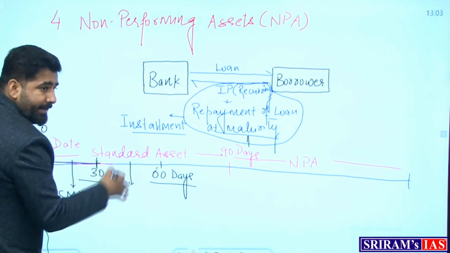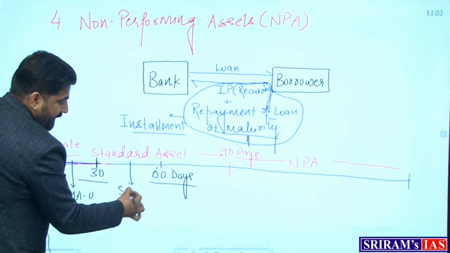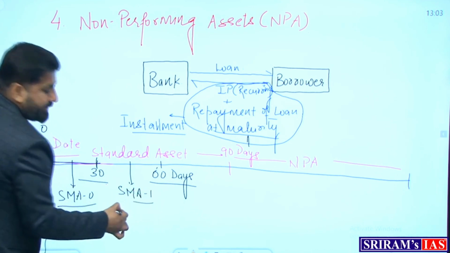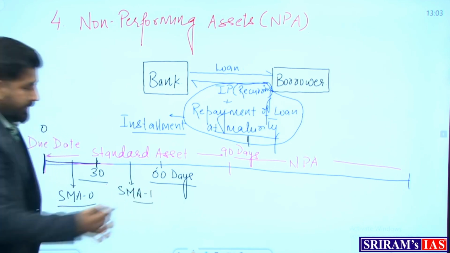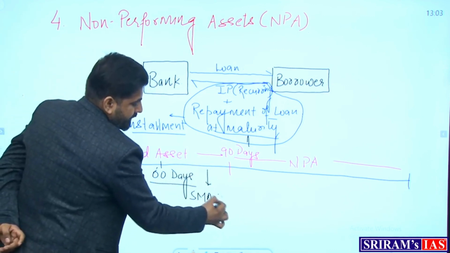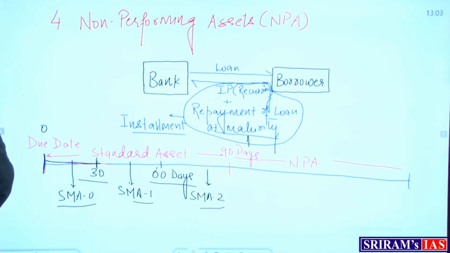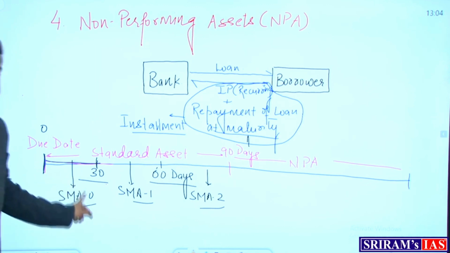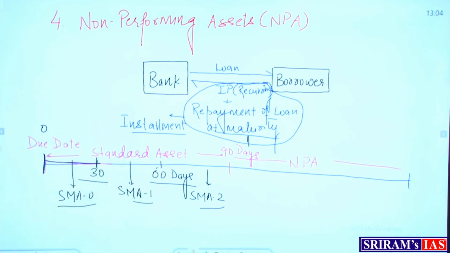If it is overdue for 30 to 60 days, SMA 1. If it is overdue for 60 to 90 days, classified as SMA 2. But even, let me tell you, if your account is SMA 0, SMA 1, SMA 2, it is considered a standard asset. It has still not converted into NPA.